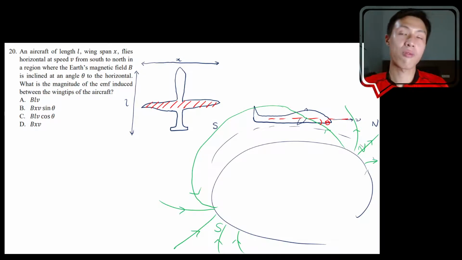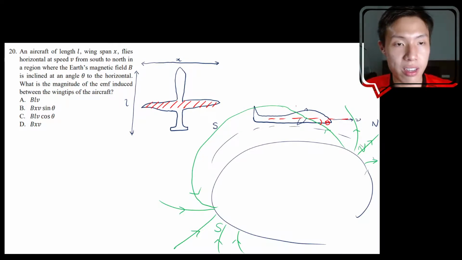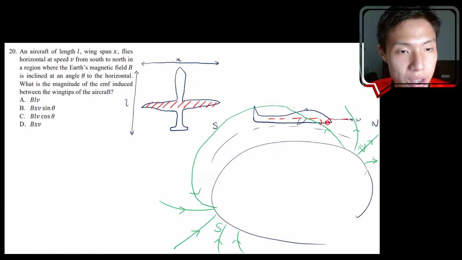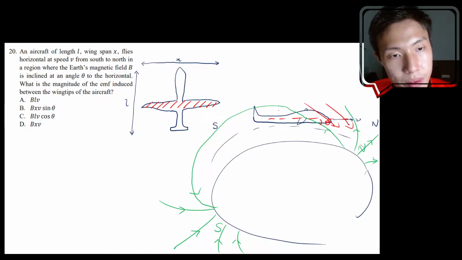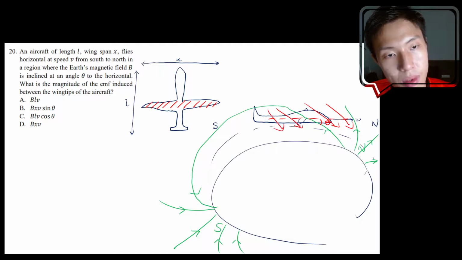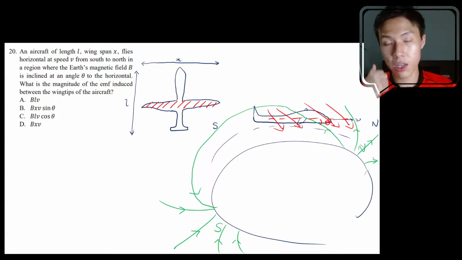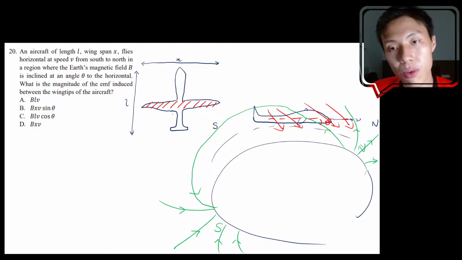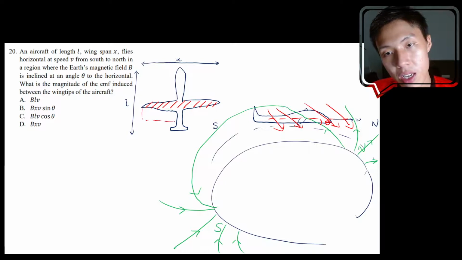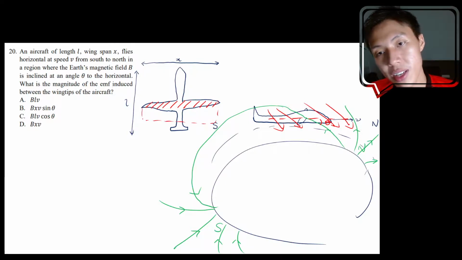So you can think of the magnetic field as pointing in this direction, and your wings are swiping through the magnetic field. Usually when we discuss this, the area will be this imaginary area, right?